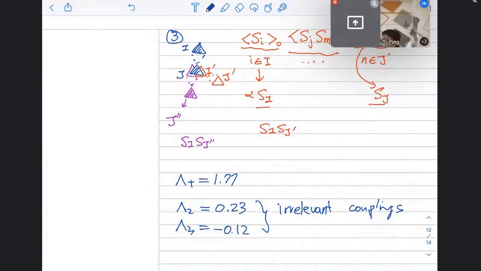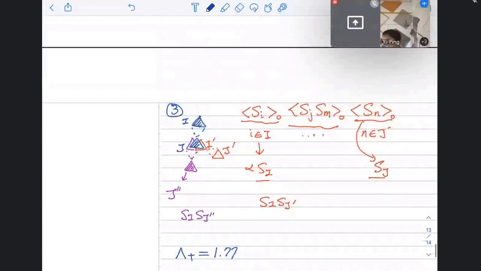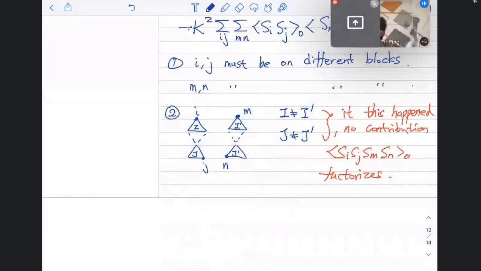So once you iterate this, newly generated terms will be suppressed. And in principle, you can try to improve the value of y_t and so on, but I didn't really specify that right now.